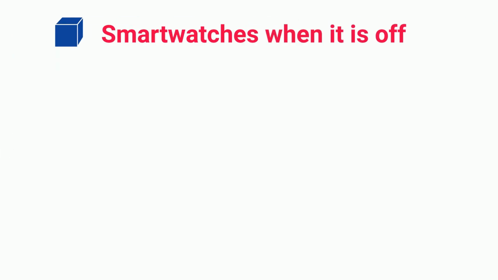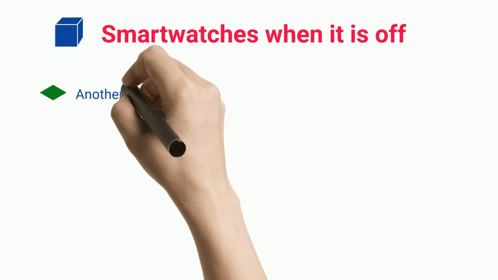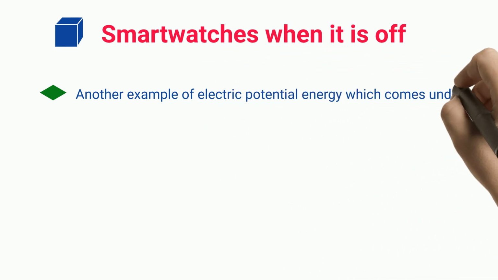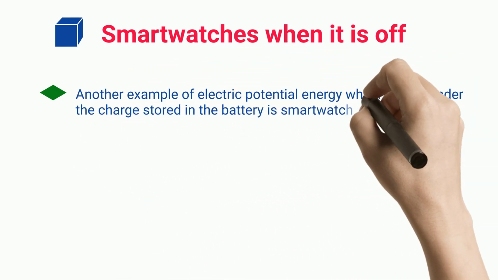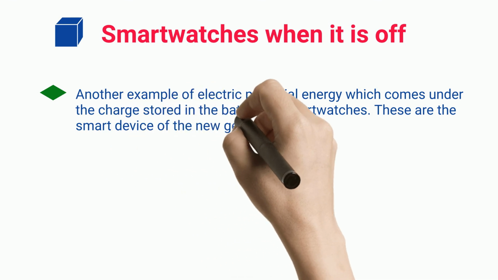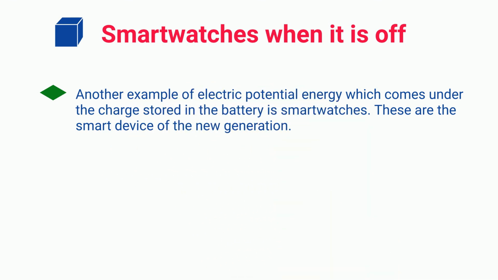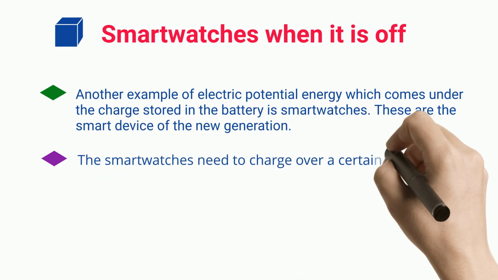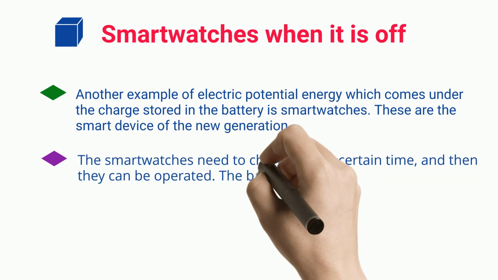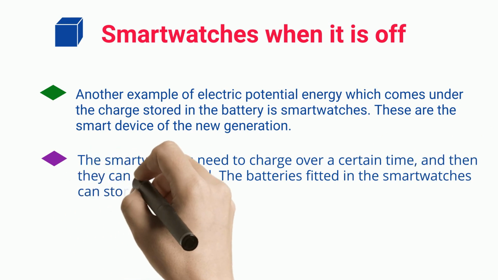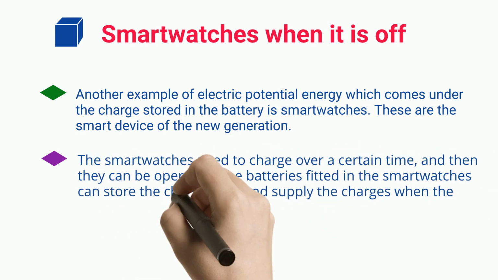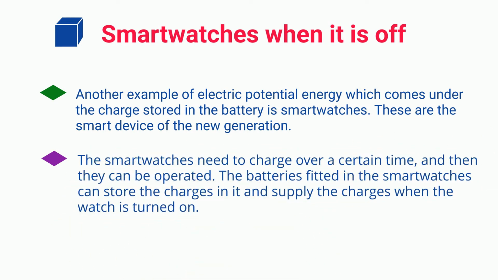Smartwatches when it is off. Another example of electric potential energy which comes under the charge stored in the battery is smartwatches. These are the smart device of the new generation. The smartwatches need to be charged over a certain time, and then they can be operated. The batteries fitted in the smartwatches can store the charges and supply the charges when the watch is turned on.